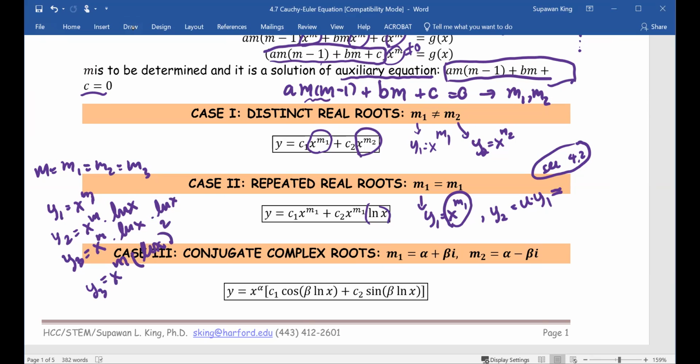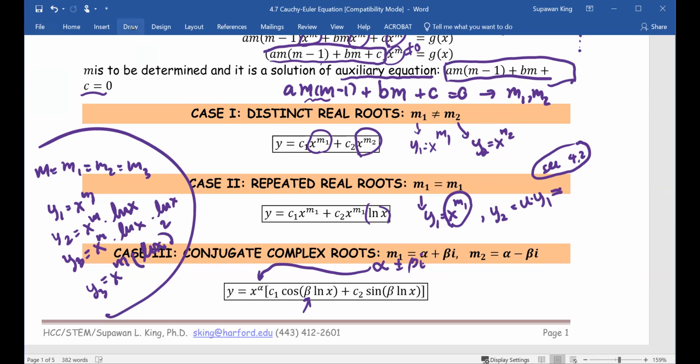And then for the conjugate complex roots, you're going to use the real part, in the form of alpha plus minus beta i, right? The alpha is the power of the x, nothing to do with the e, okay? This is about the pattern x to the power m. And then the beta, which is the imaginary part, will be part of the argument of the sine and cosine, so it's going to be beta times log x, beta times log x.